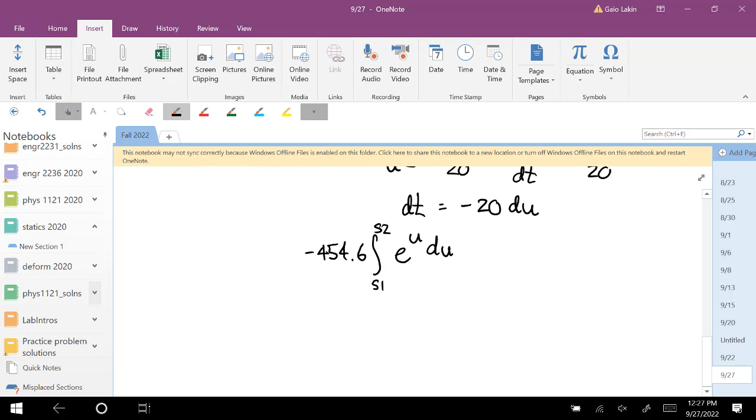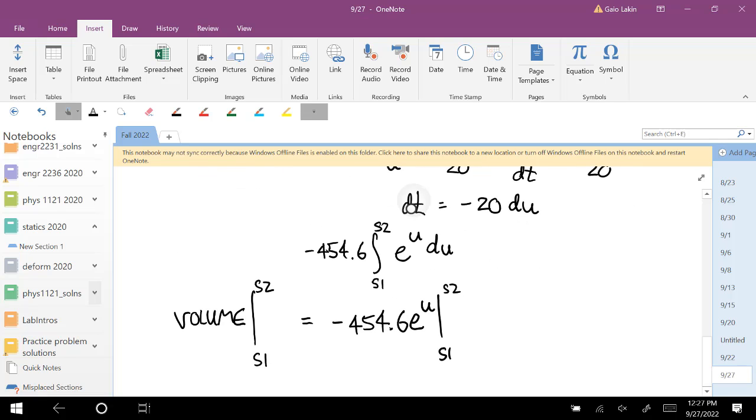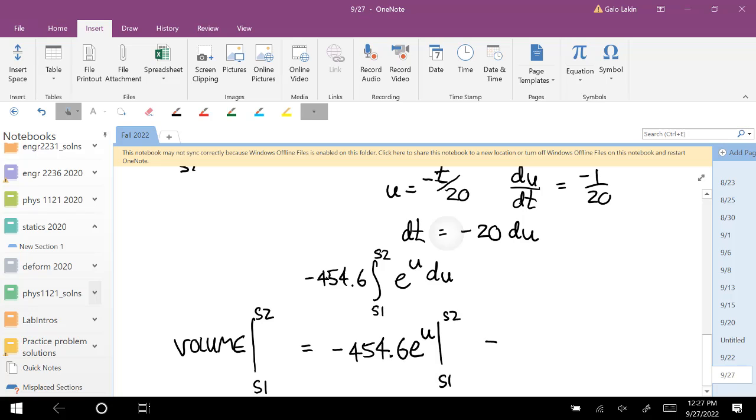Okay, so now this is going to be the volume evaluated from state 1 to state 2 is equal to negative 454.6 e to the u evaluated from state 1 to state 2 minus 45.46 t evaluated from state 1 to state 2.